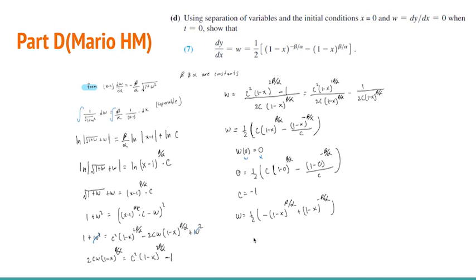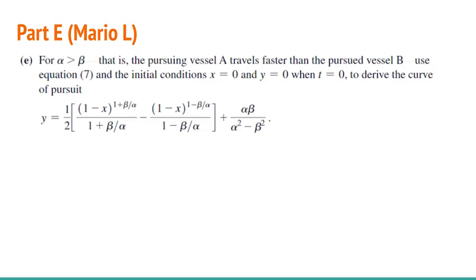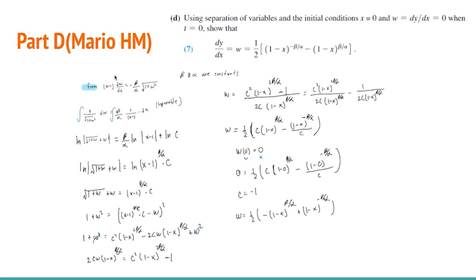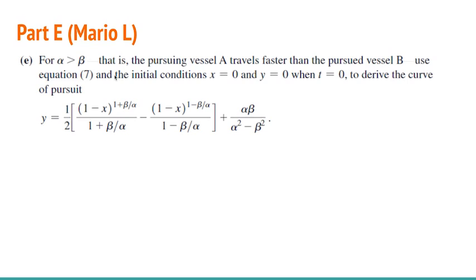So this is part of the process of calculating for this next equation, which is part E, which is not my part, but from my equation, you derive the curve of pursuit, which is for this part.